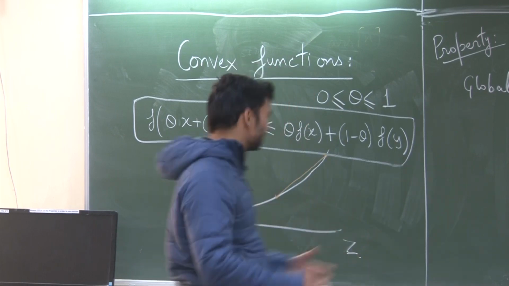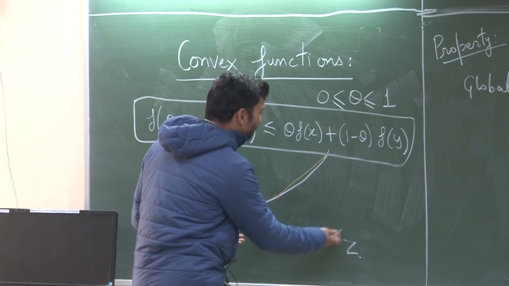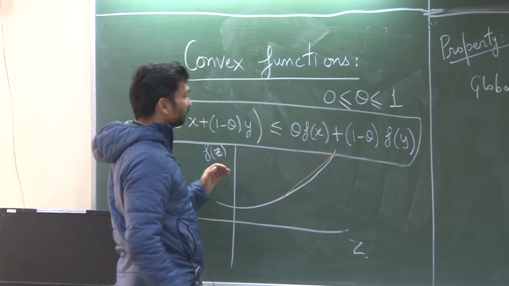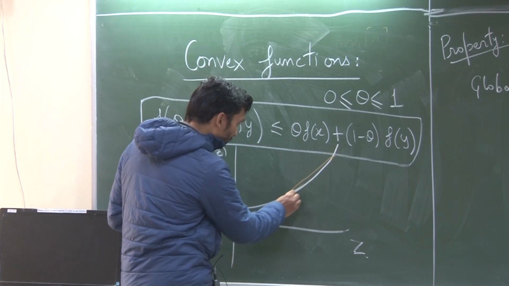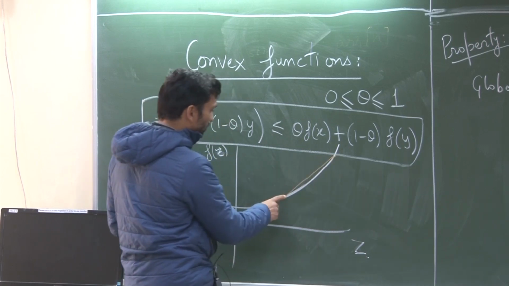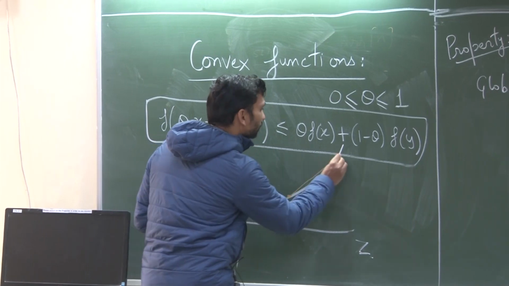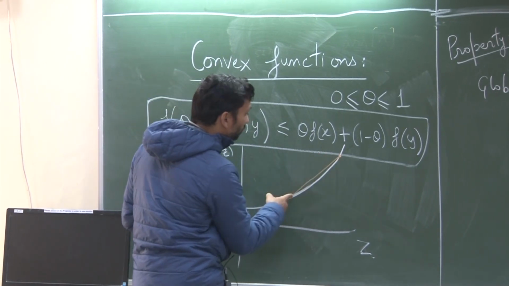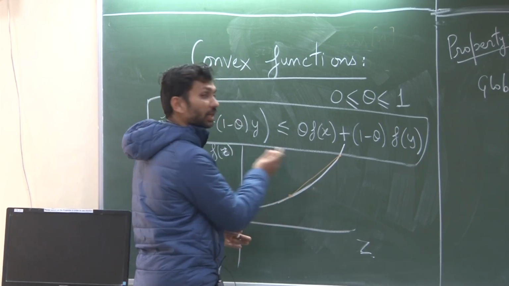So, let me just say it in terms of the graph, it makes much more sense. Let us say my variables are z, my function is f of z. A function which is depicted by this white line is convex because if I take any 2 points, so I have taken these 2 points here, these 2 orange points, and if I join the line, it is as though if my function was linear, my actual function will lie below the orange line.